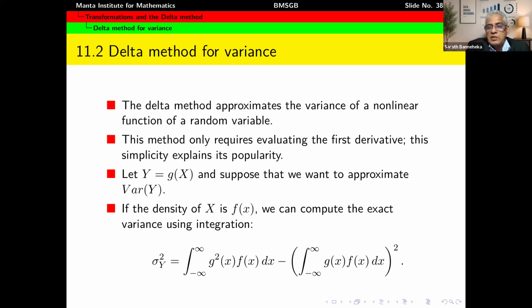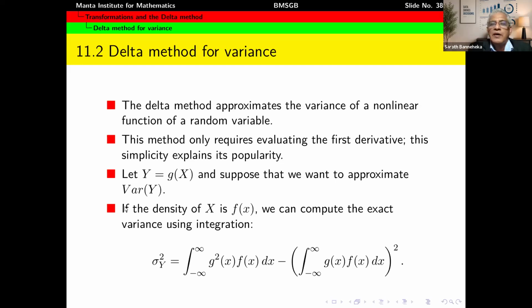So we want to get an approximate expression for the variance of y. If we know the density of x, of course, we can write down the theoretical expression to get the variance of y. The problem is usually it will be difficult to simplify that.